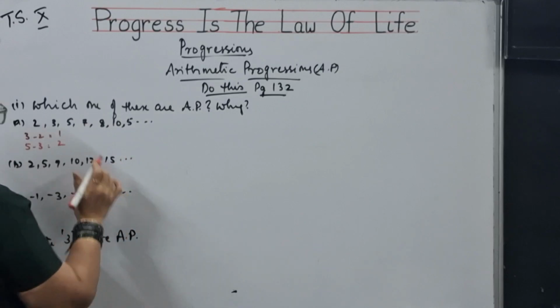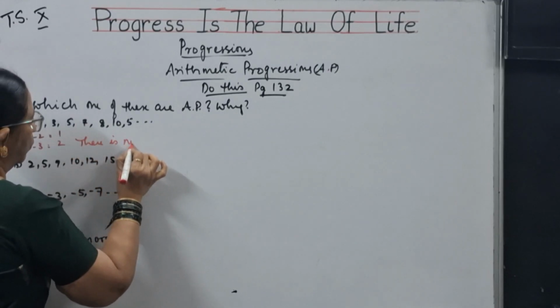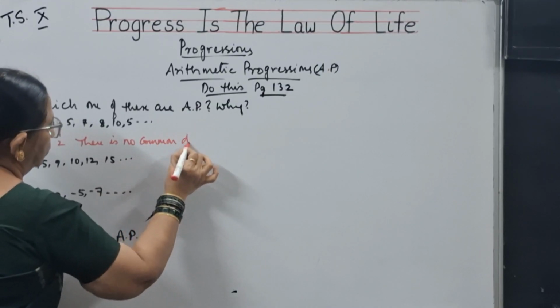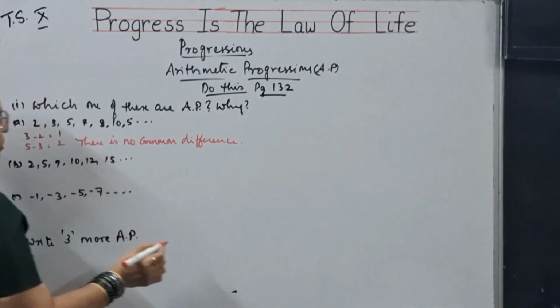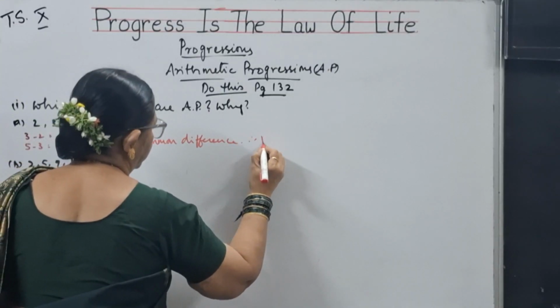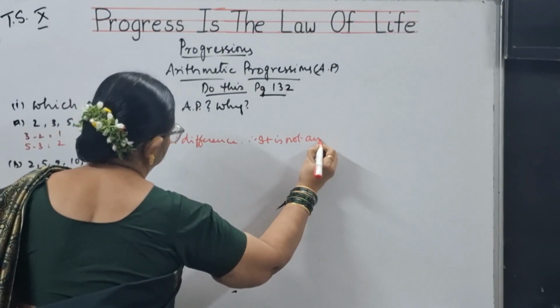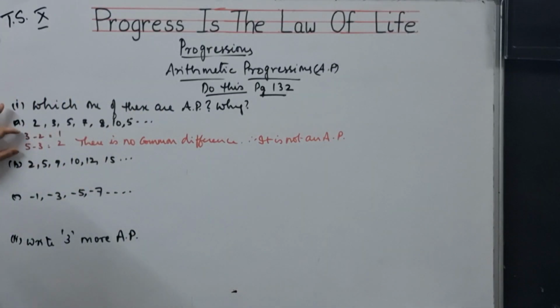So here itself we see there is no common difference. We are not finding a common difference. Therefore, it is not an AP. We cannot consider it as AP, because we are not getting a common difference.